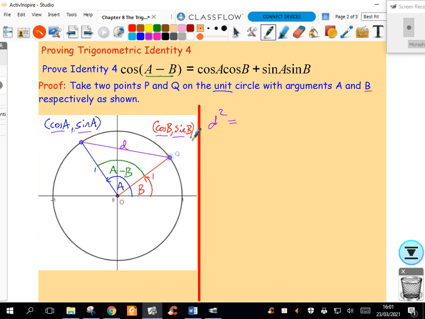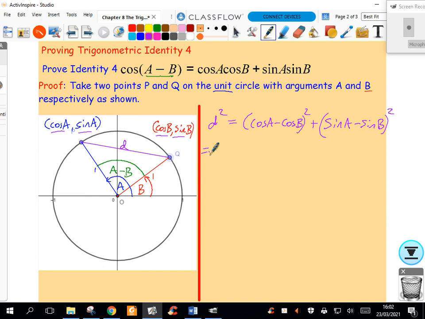So it's going to be equal to cosine A subtract cosine B all squared plus the change in Y, the rise here, will be sine A minus sine B, all squared. And I'm just going to square everything out there. This is where squaring a two-term expression comes in.